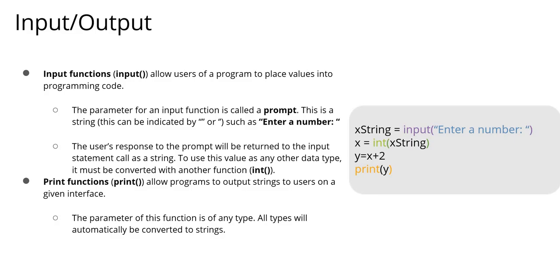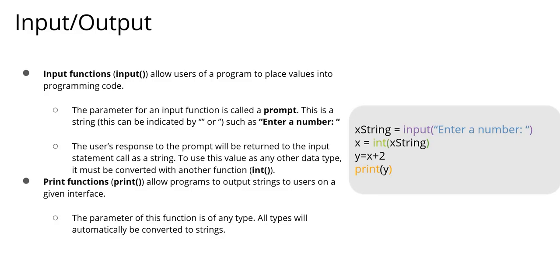Input and output. We are using input and output functions in the Python programming language. The input function, denoted by input and parentheses, allows users of a program to place values into the programming code. The parameter for an input function is called a prompt.